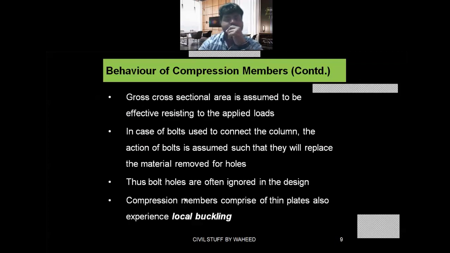Okay, the compression members comprised of thin plates also experience local buckling. So, as I said, if I am taking an I section whose flange thickness or web thickness is much thinner, in those cases also local buckling may occur. We will see local buckling now. Okay.